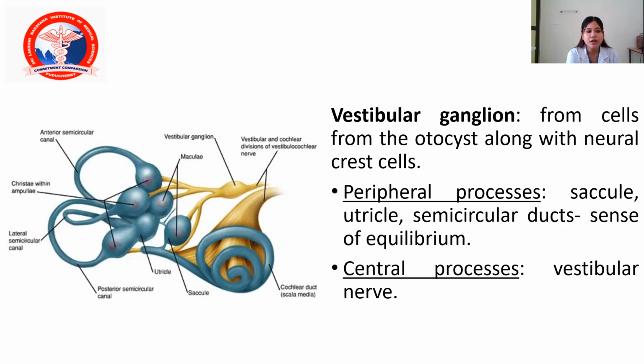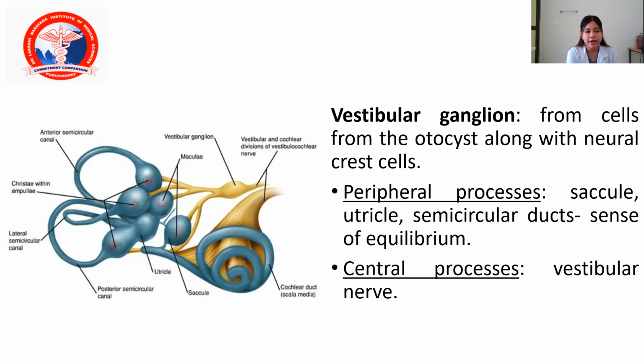This vestibular ganglion is formed from the cells migrated from the otocyst along with the neural crest cells. So the cells migrating from the otocyst along with the neural crest cells will form this vestibular ganglion. It consists of bipolar cell neurons.